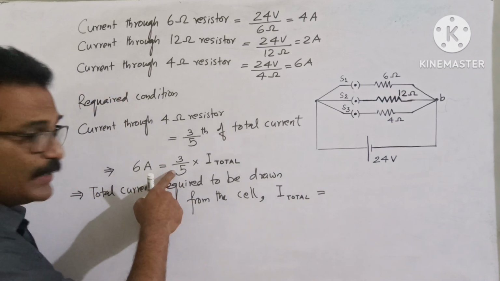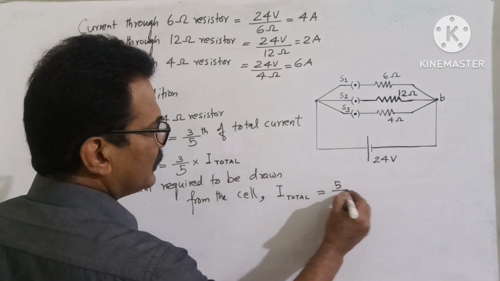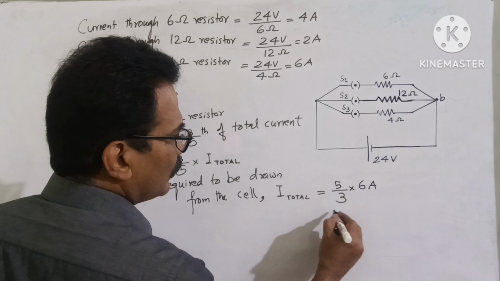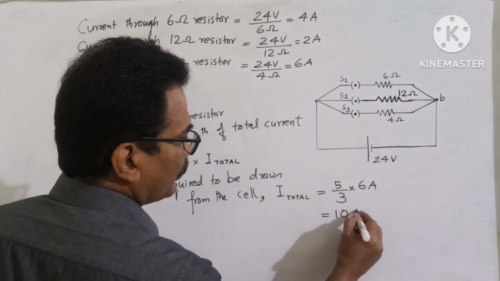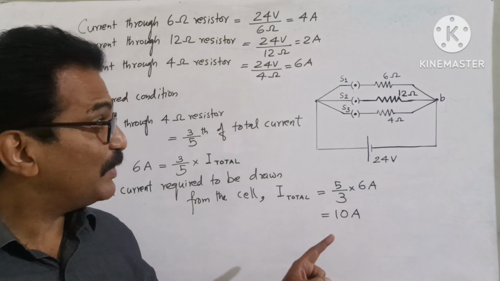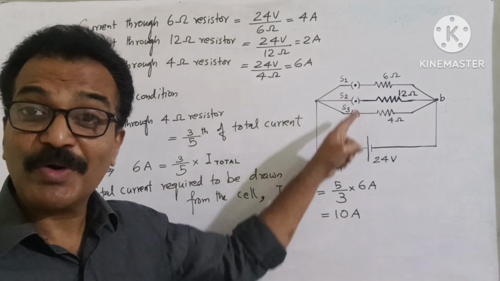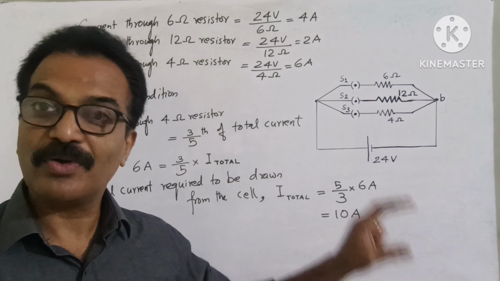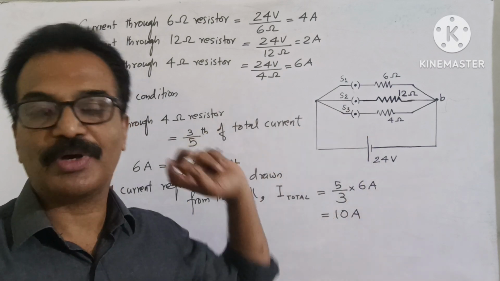On rearranging, I will get 5 by 3 times 6 ampere, that's equal to 10 ampere. That means when I open one of the switches, either S1 or S2, 10 ampere current must be drawn from the cell. Which is that switch you have to find.